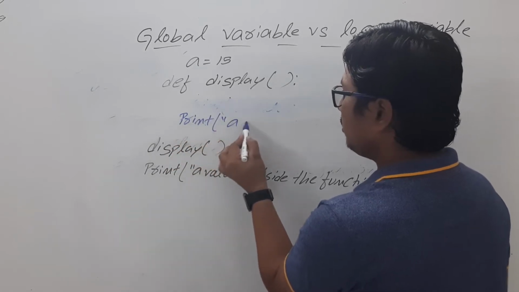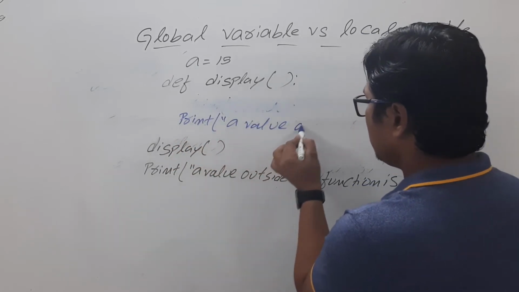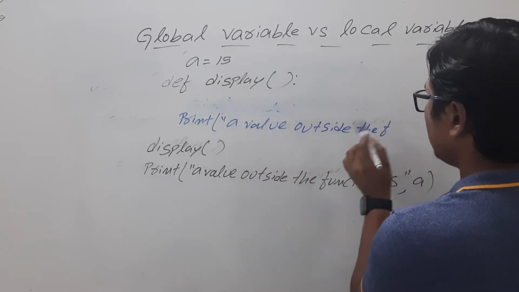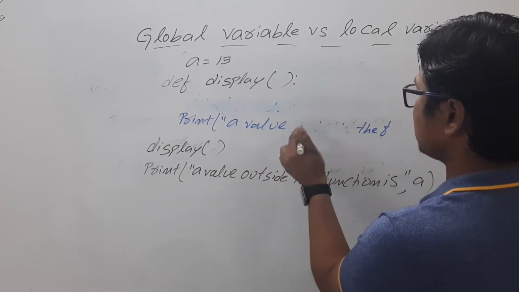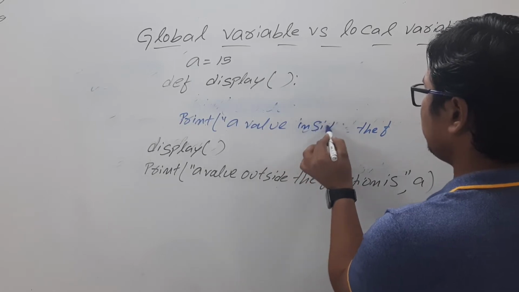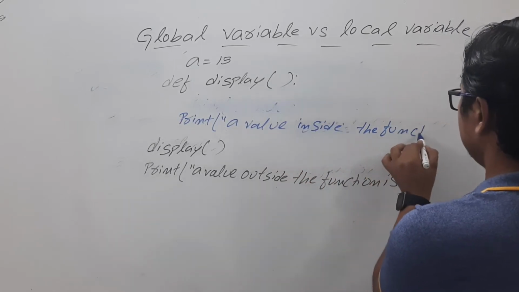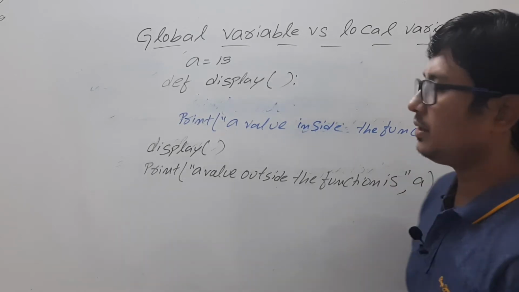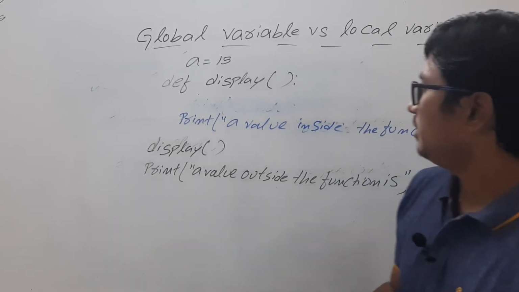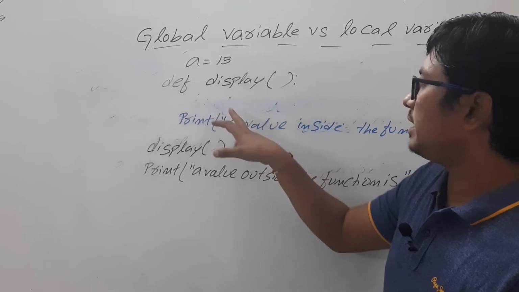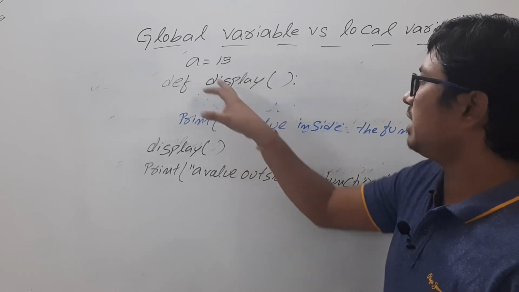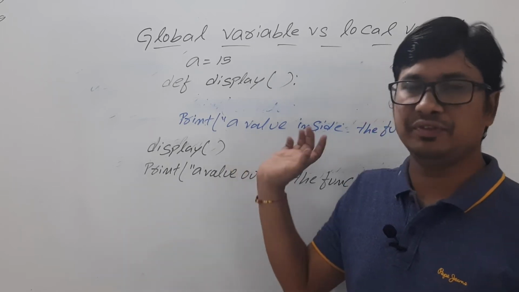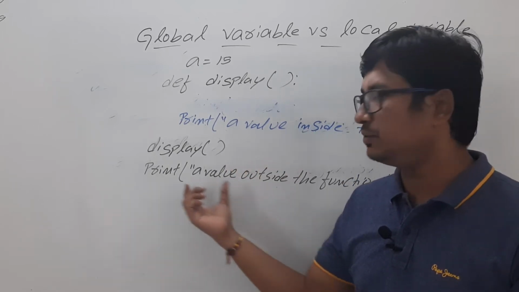Print a value, sorry, not outside, it is inside the function is a. Now look at here. As there is no local variable, it will access the global variable and it will print the value as 15, and here also it will print the a value as 15.